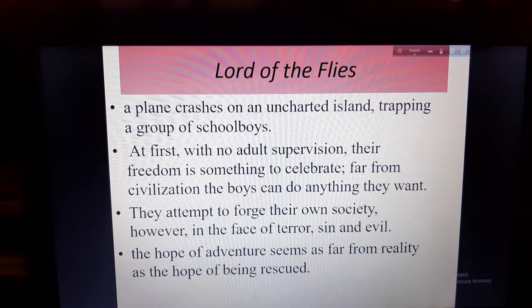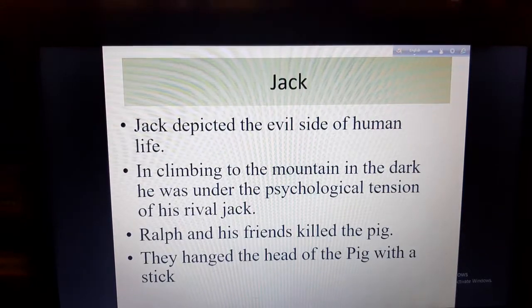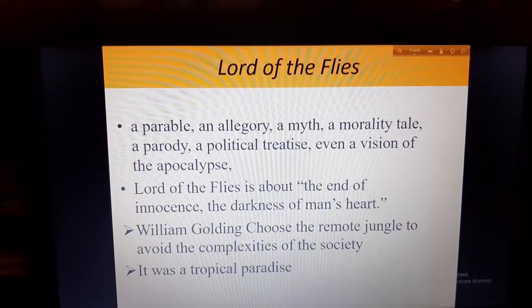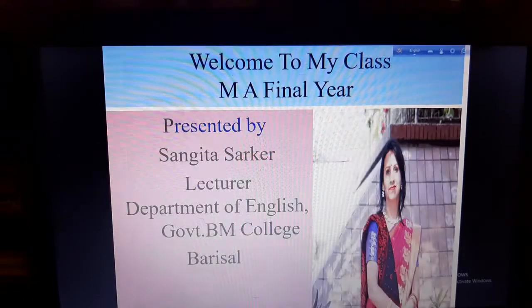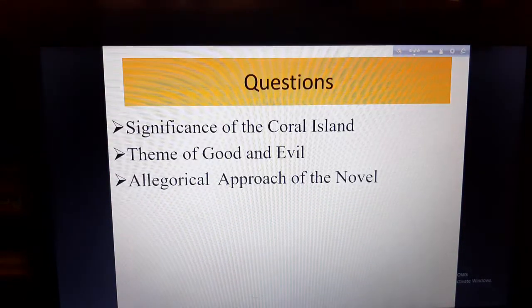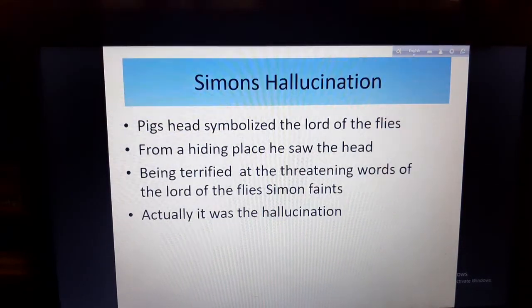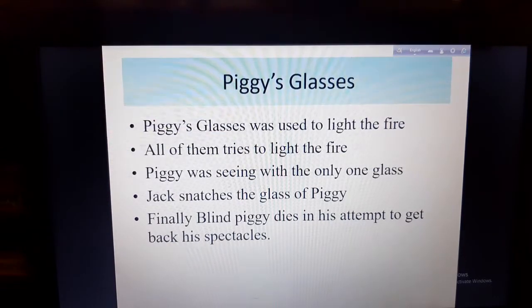So at first they were not rescued until a naval officer came, and in the isolated land we see their activities, and they wanted to become lord of that land. So this is an idea about the total story of Lord of the Flies.